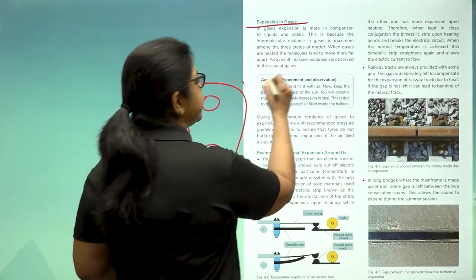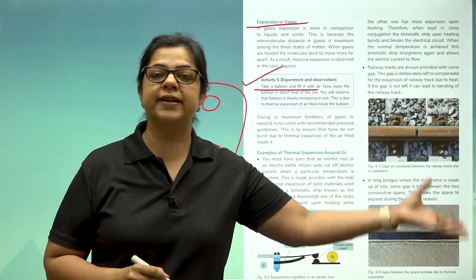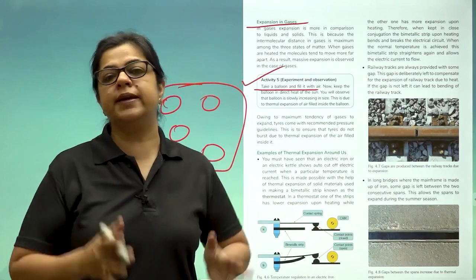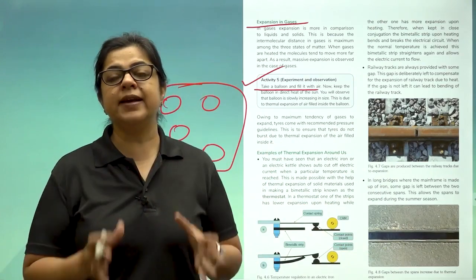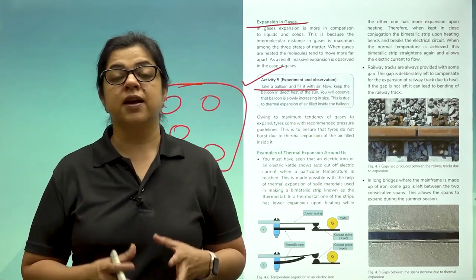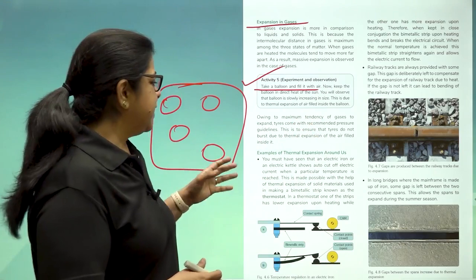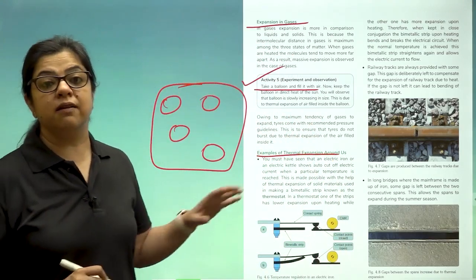A very easy experiment where you take a balloon and fill it with air and keep it outside in the sun. What will you see? The balloon will continue to increase in size because the gas inside the balloon is expanding as a result of the heat of the sun. And eventually what will happen? The balloon will burst.